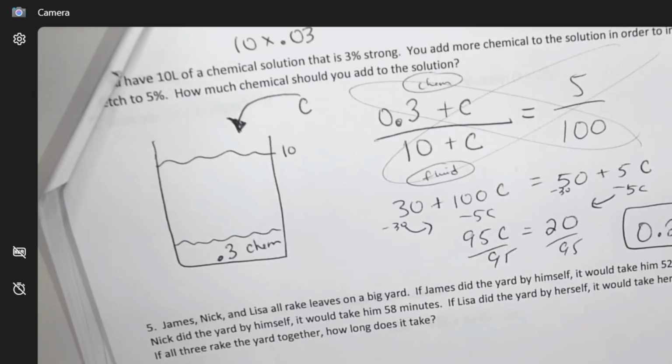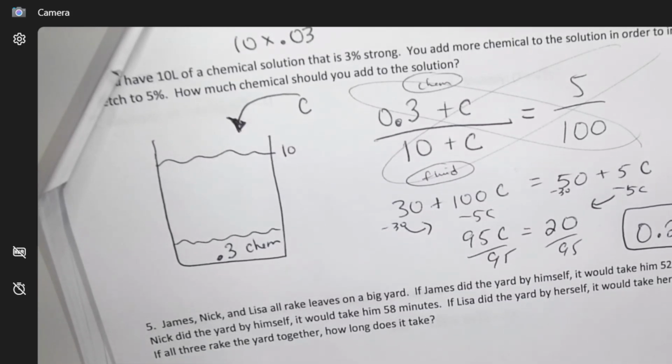So I moved C's to one side, I moved numbers to the one side, divide, and your answer here should have some kind of units on it because it's the amount of chemical that you're adding, so give me liters on that.